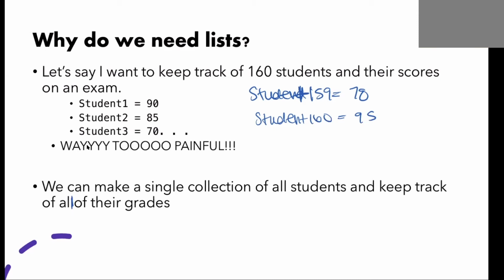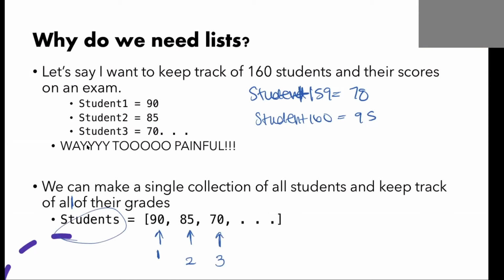So instead of saying student 1 is equal to 90, student 2 is equal to 85, student 3 is equal to 70, we could say this one right here is for student number 1, this one right here is for student number 2, and this one right here is for student number 3. And instead of writing out 160 different variables, this is all done with one variable, a single list, which is definitely going to save you a lot of time.